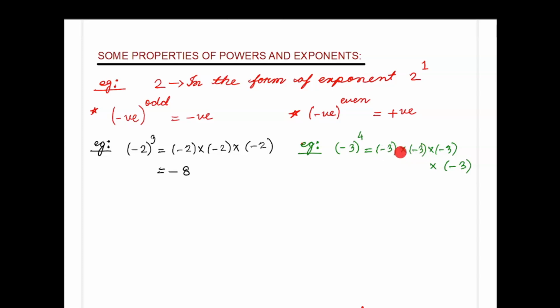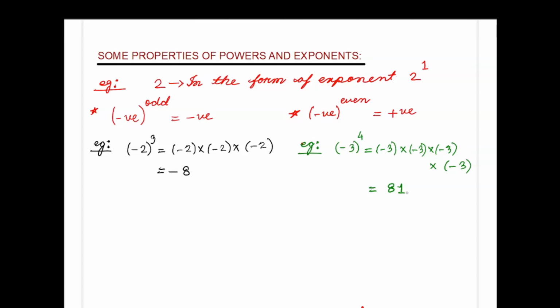After multiplying the first two terms we get positive, and after multiplying the third and fourth we again get positive. So overall, you will get the answer in positive, yes or not? Yes. And in the integer chapter also you learned that when a negative number is multiplied even times, you will get a positive number. So 3 3s are 9, 9 3s are 27, 27 into 3 is 81, which is positive.